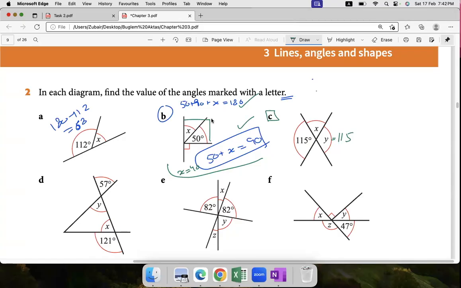Are you using 180 or 360 degrees? X is equal to 65. That's correct. Are you using 180 or 360? I was using 360. Okay.